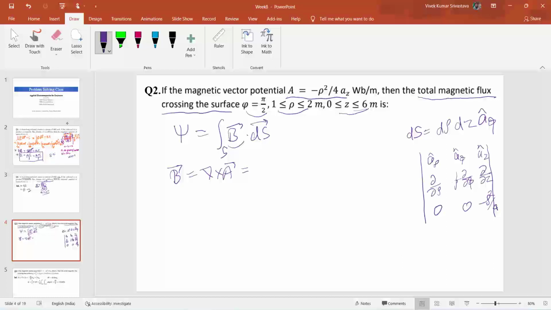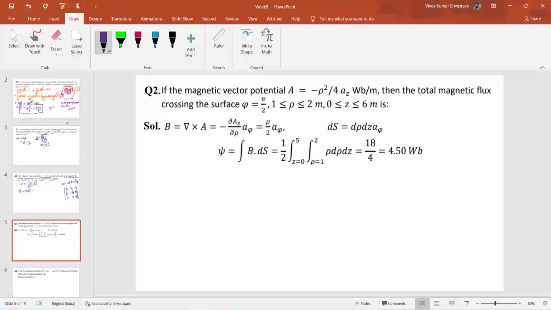Here we can see that the value of B that comes after calculation is defined as minus del Az by del rho into a phi. So you have to differentiate the value of Az, meaning the vector potential has only the z-directed field component.